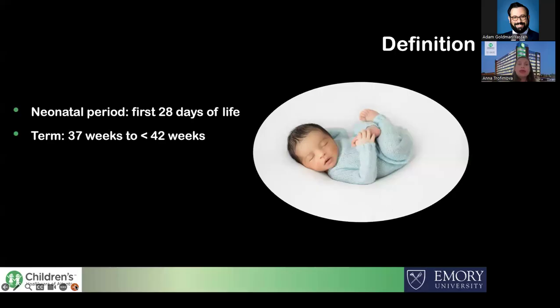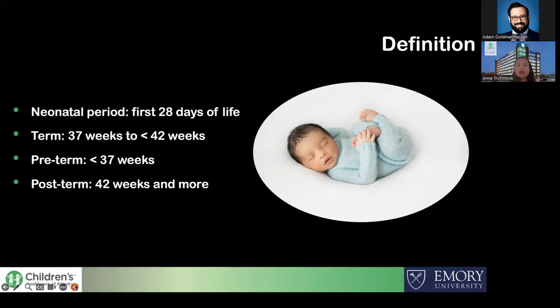For the baby to be considered term, they need to be born between 37 weeks and up to less than 42 weeks. Those that are born before 37 weeks of gestation will be considered preterm neonates, and those that are born at 42 weeks or later will be considered post-term neonates.